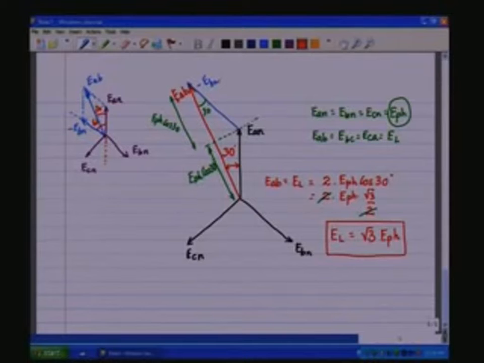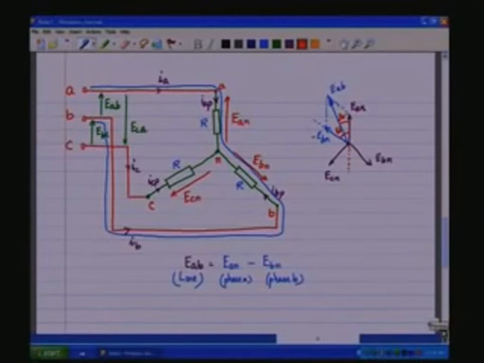So, this is applicable in general to all the line voltages. We saw the diagram here for this one, but if we go back to our previous picture, you can also see EBC.